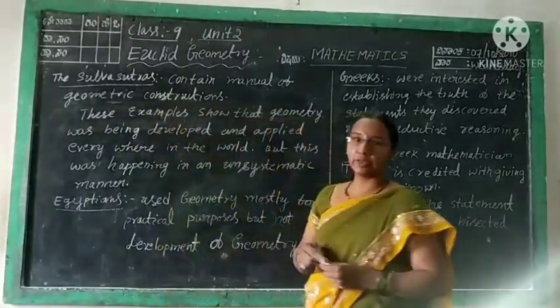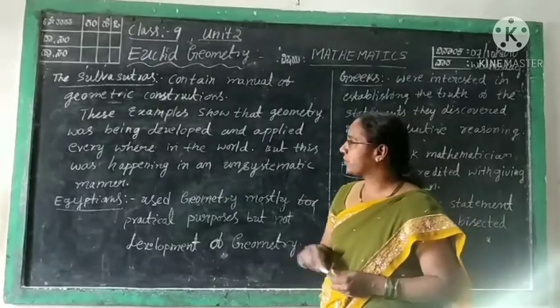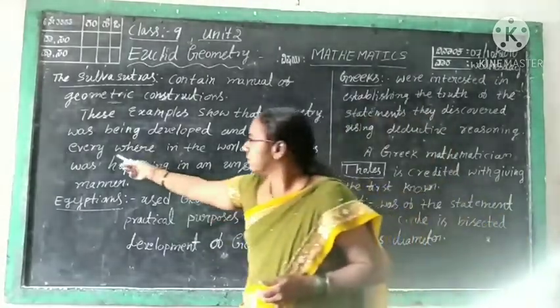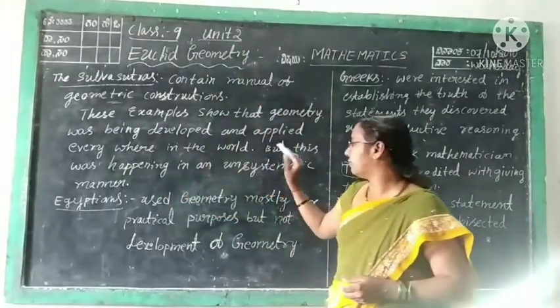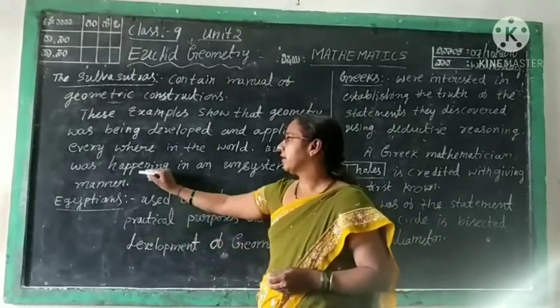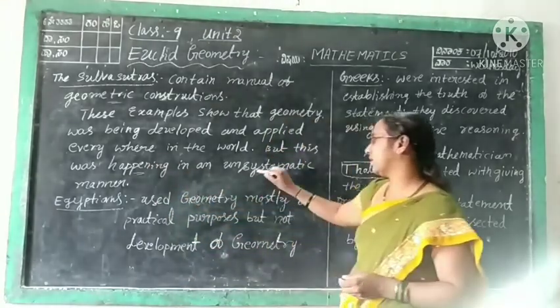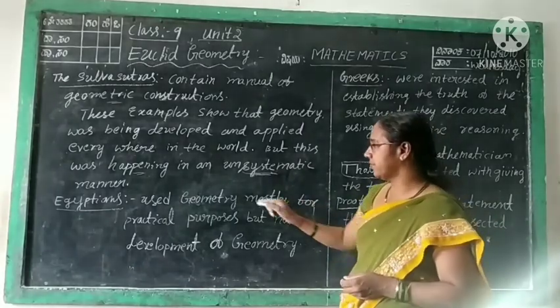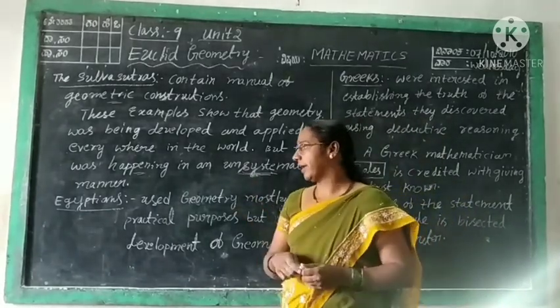These examples show that in ancient civilizations, geometry was developed and applied everywhere in the world. But this was done in an unsystematic manner.